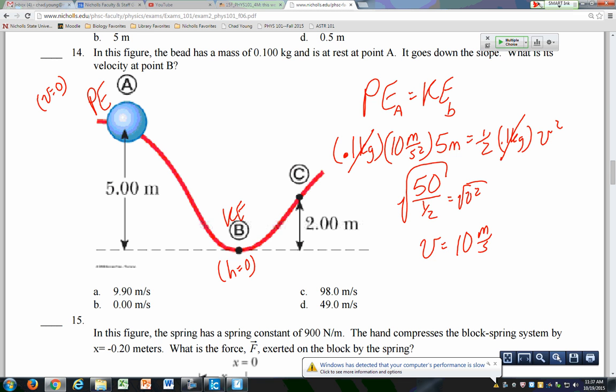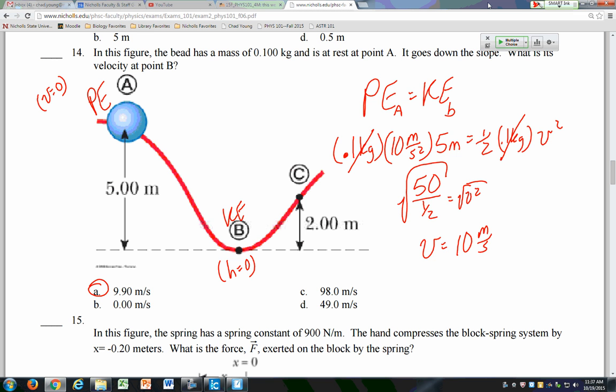Or it was 9 point. It was A actually. I used 9.8 there instead of 10. Okay. Yeah. So when you're saying that C, the bead's still moving, would it have potential and kinetic? It would have potential and kinetic, and you could have a problem like that.